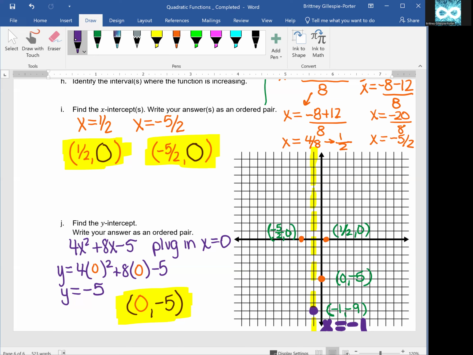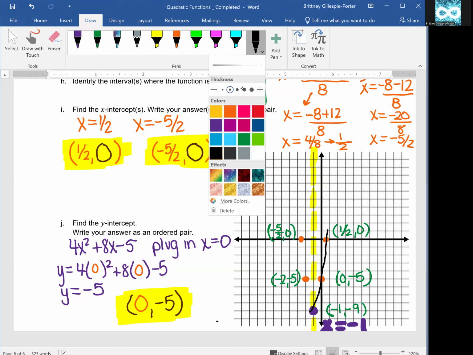And by our axis of symmetry, since 0, -5 is 1 space away to the right, its mirror should be 1 space to the left, which means that we have the ordered pair -2, -5. And we have enough to be able to graph our quadratic, connecting our lines. Make that a little bit better. There we go.